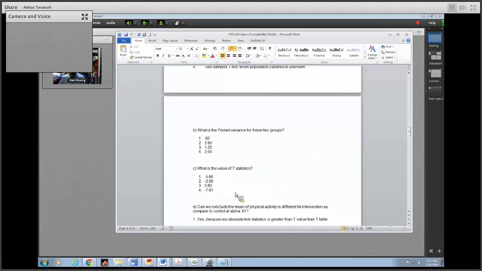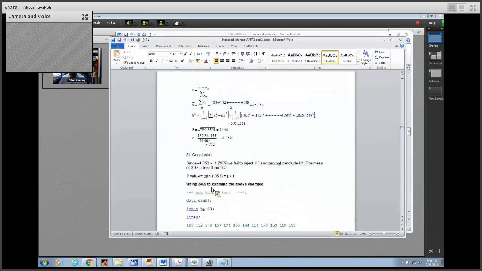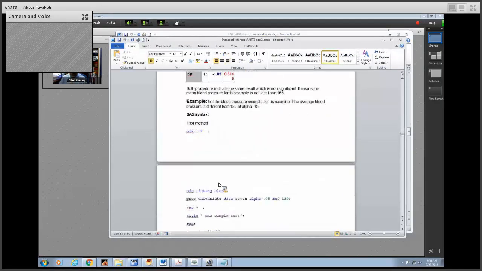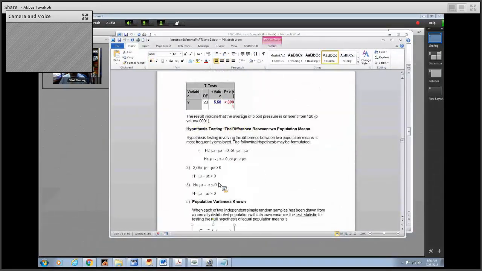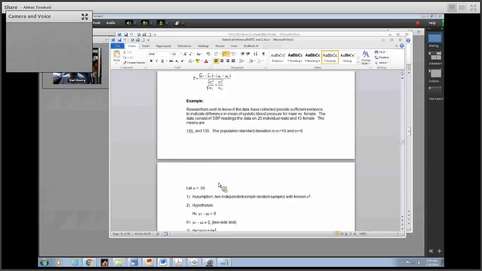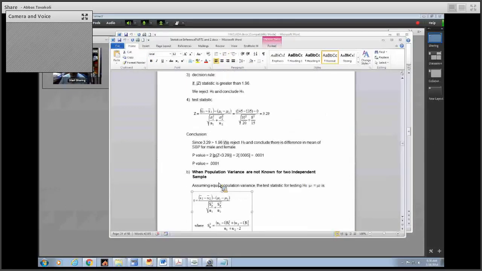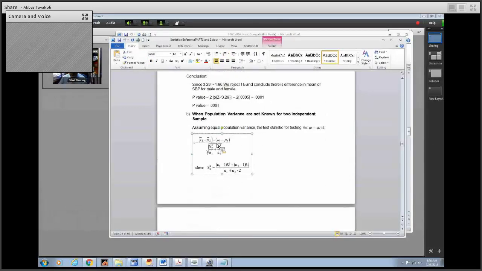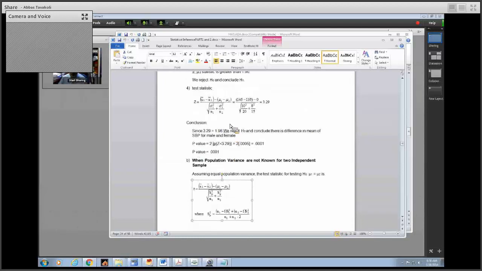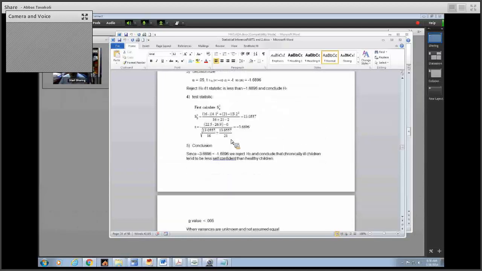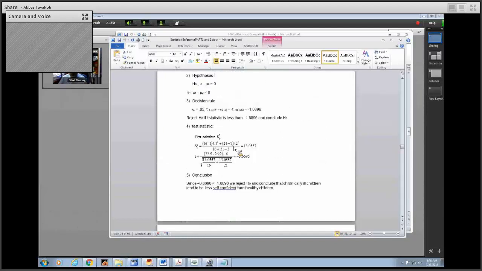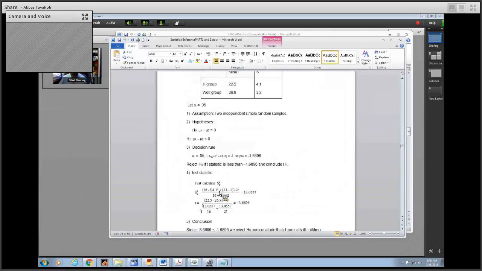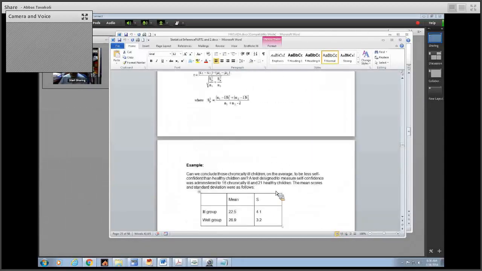Question 5 is about physical activity. We have 2 groups, control and intervention. These are the information. I ask you, if the researcher wanted to examine whether there is a difference in physical activity between control and intervention, what statistical test are you going to use? Remember, here you do not have the population information and you have 2 samples.